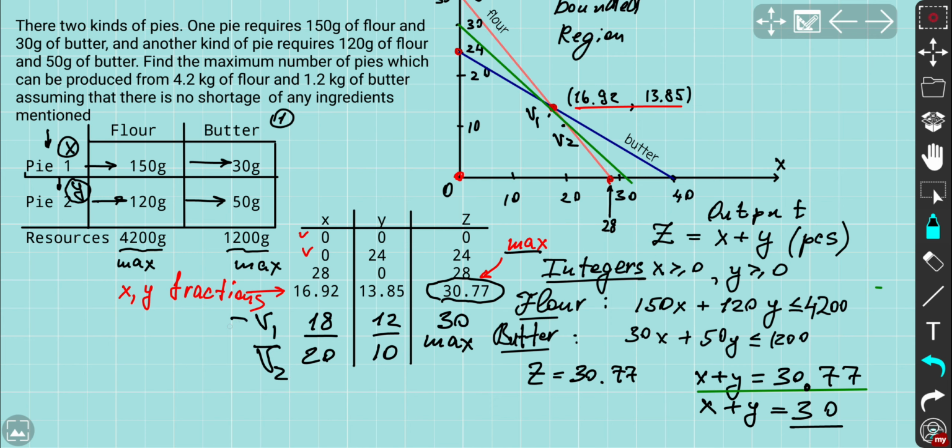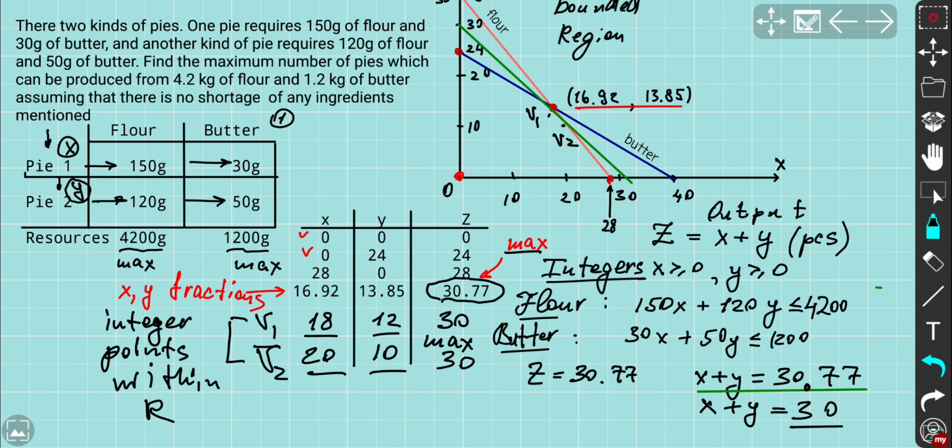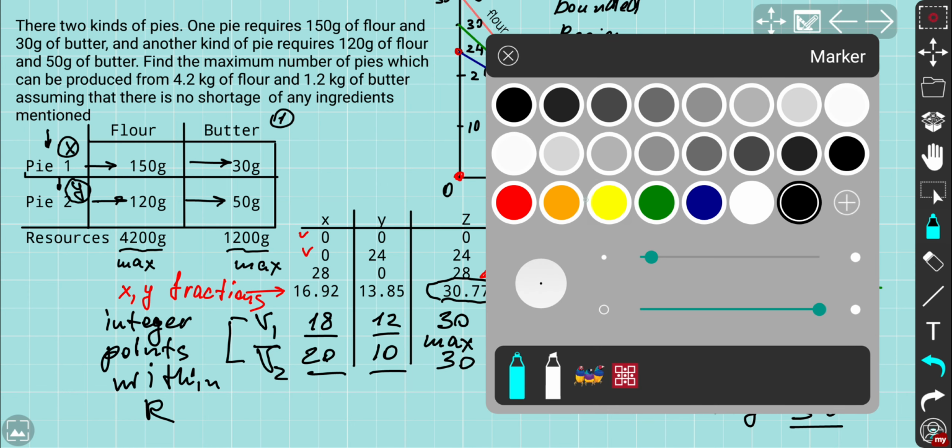So both points are integer points within region R, which means they deliver us an integer solution, and in terms of maximum output, it will satisfy 30. That's very close to 30.77. That's the actual solution in our case.